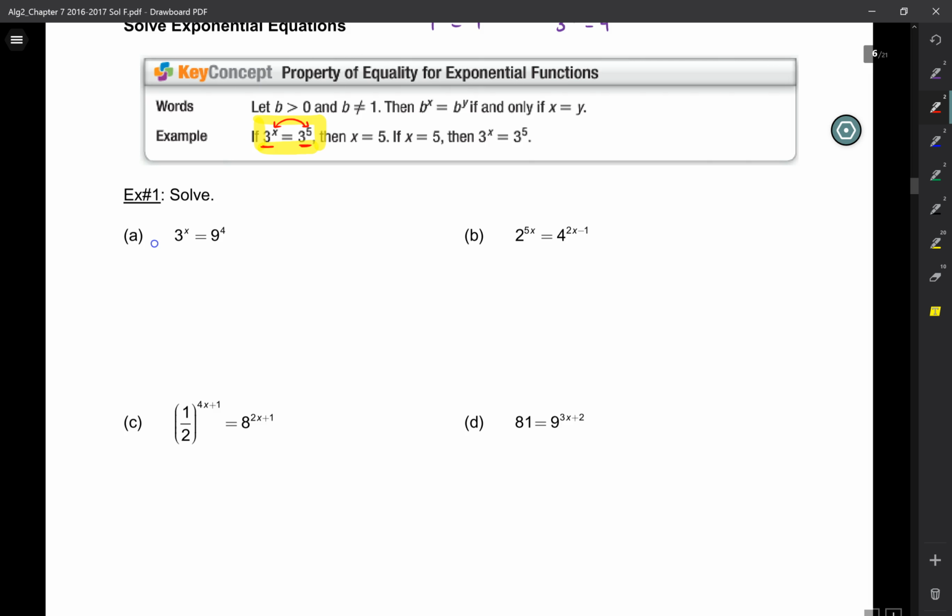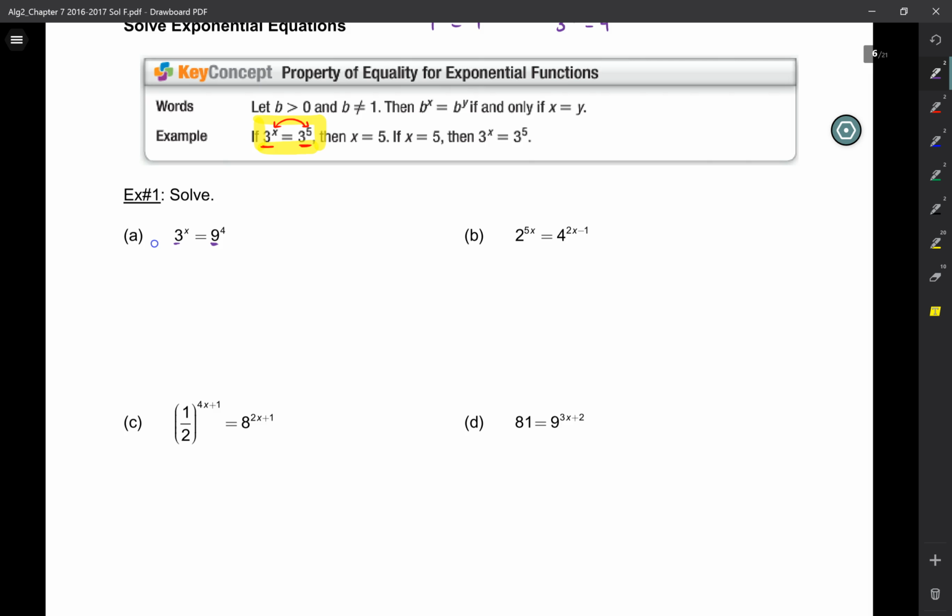On the first hand, I have 3 to the x, and then I have 9 to the 4, right? So my base here is 3, and here the base is 9. Well, how can I make both bases equal to each other? Well, it's easier to convert the bigger into the smaller.